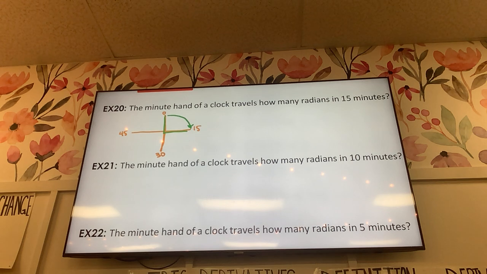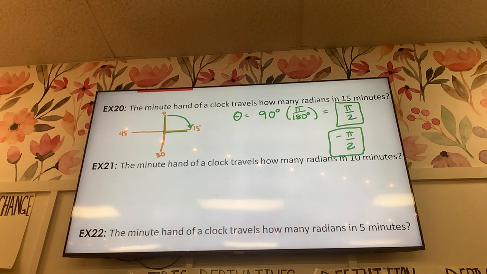So from 0 to 15, how many degrees are we traveling? 90 degrees. And then you can convert that to radians, which would be pi over 2. And I'm okay with negative pi over 2 as well because you are going clockwise.